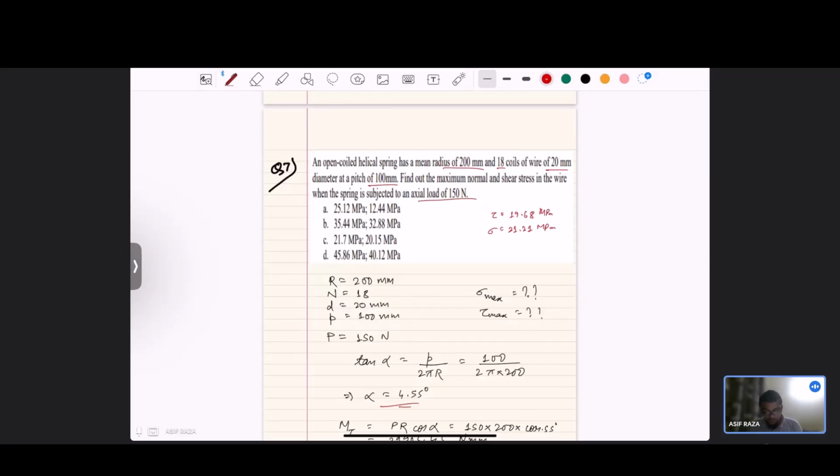So our answer is closer towards option C.